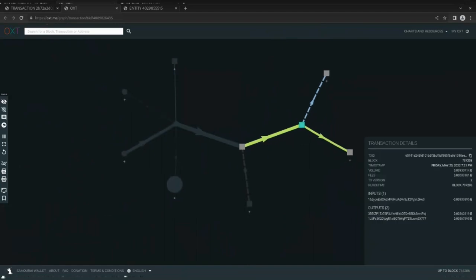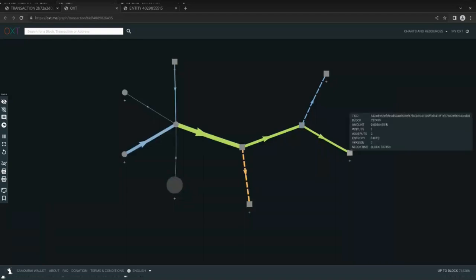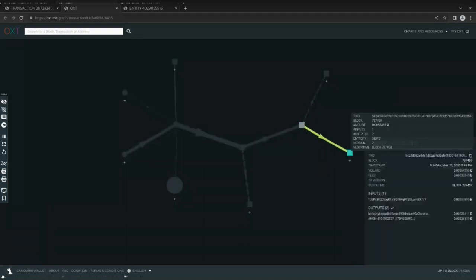So again, another transaction that creates an output for a P2SH address, this light blue dashed line, and another P2PKH output in yellow. And so we'll follow again the P2PKH output by applying that different script type heuristic.